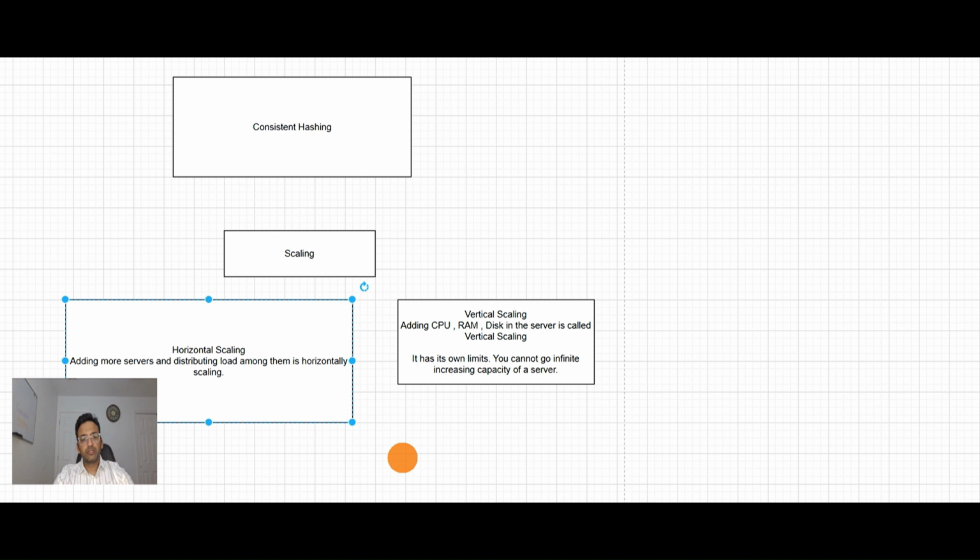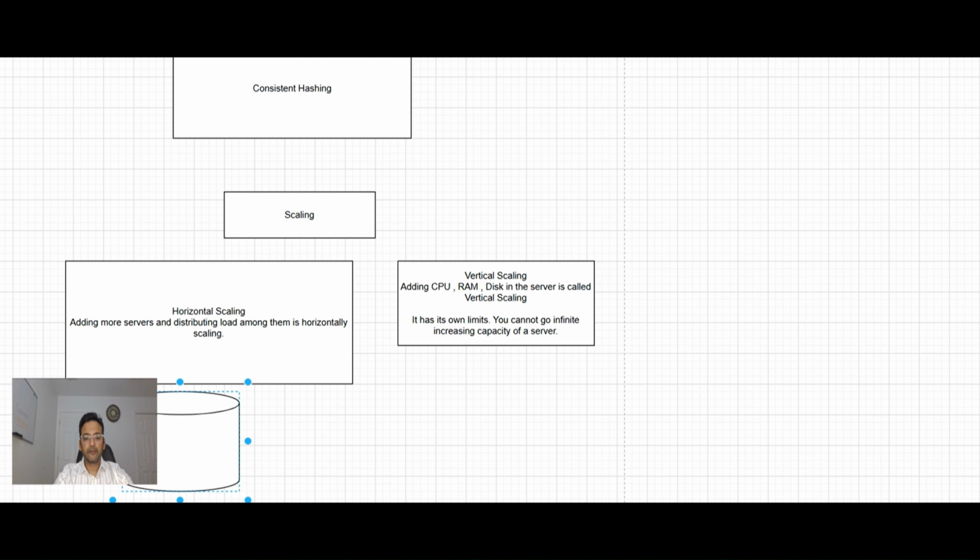Let's say you have a big database here, or something you were storing in the memory. This is a big data, I'll say a large data set. And now because you have two servers, you split it into two databases.